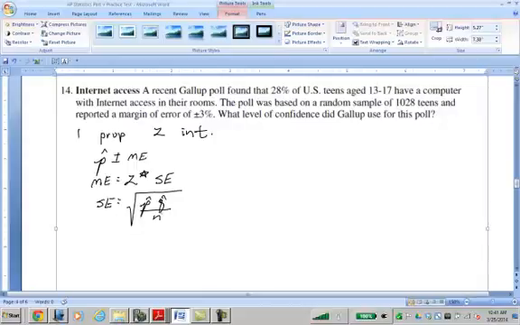So we're given a margin of error, which is 0.03. And we don't know z star.